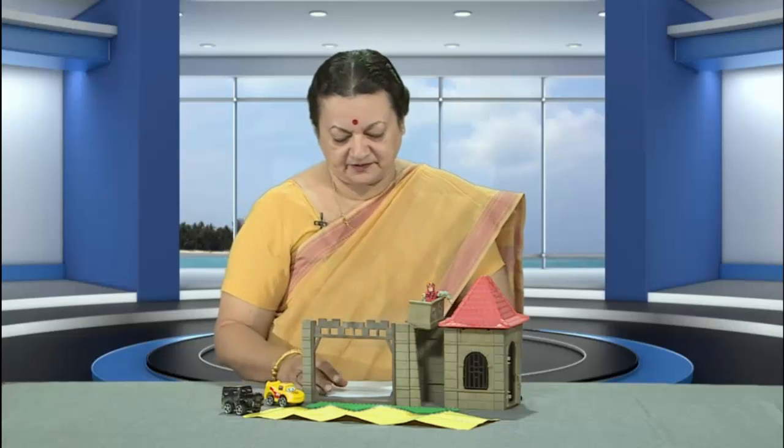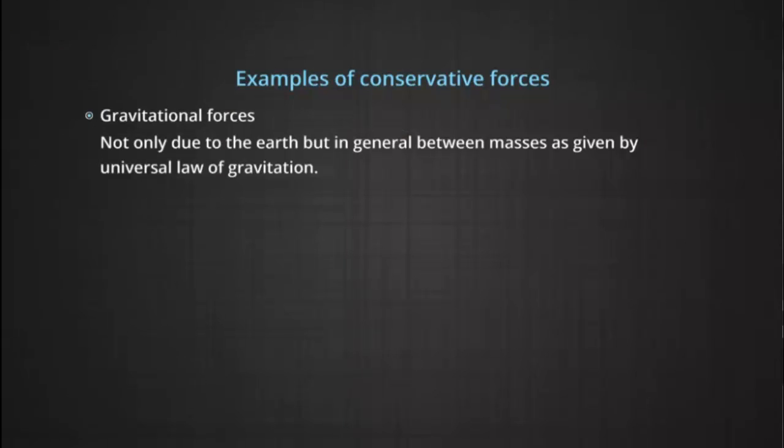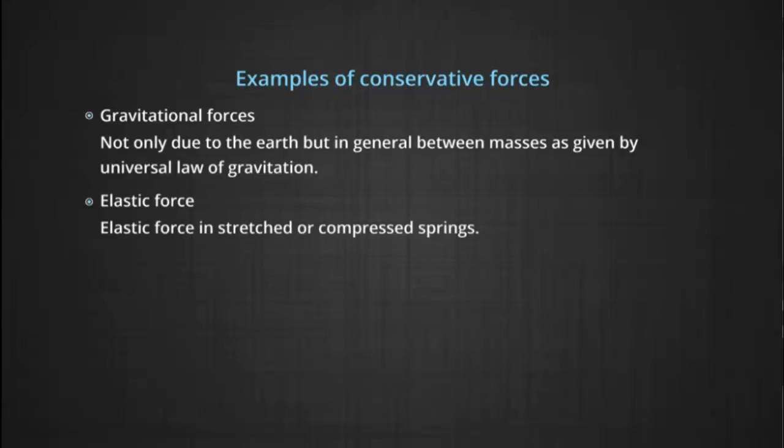So, both of them: one is an ideal situation as we have been talking about, and the other is the real picture. The other kind of conservative force that you have learned is the elastic force for stretching a spring. That is also conservative if there is no loss of energy. Within elastic limit, most of the springs show this property of working with conservative forces.